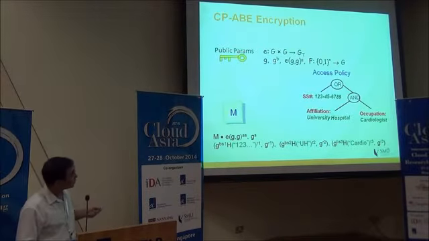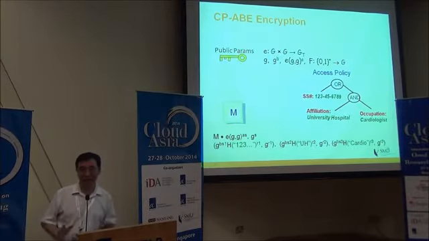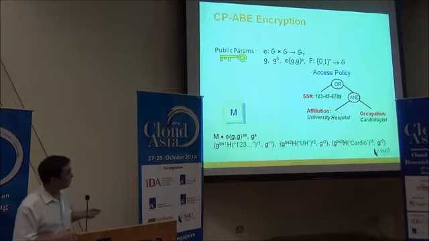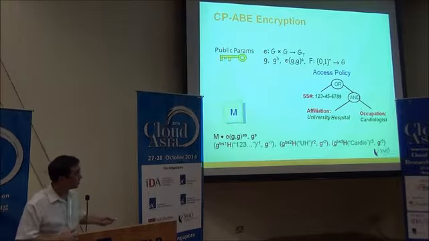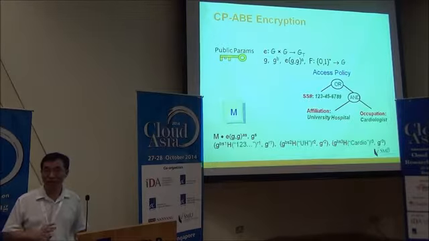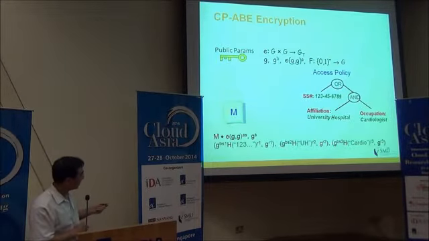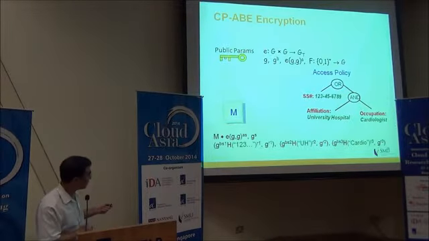This chart shows attribute-based encryption, how a ciphertext looks like. So we have the access policy like this, and this is our encryption. This is our ciphertext. This is how we do the encryption. So what happens is, here's the message. The message contains this term.